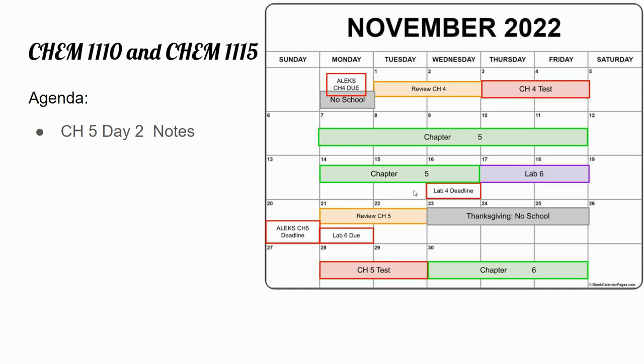If you start on Sunday the 20th, you might not get finished by the deadline. So make sure that you are completing the assignment as you go. Lab 4, if you haven't turned that in, is due next Wednesday, so make sure you do that. And then our next lab is lab 6, so get ready for lab 6 by doing your pre-lab. Questions about our schedule? Okay.